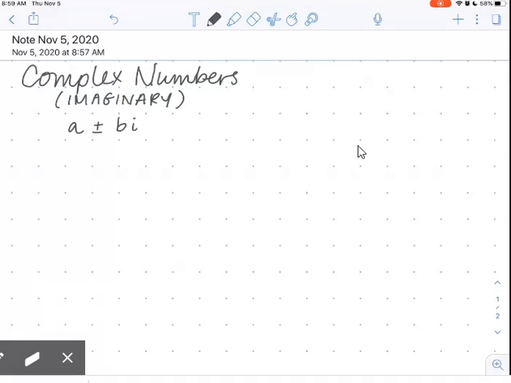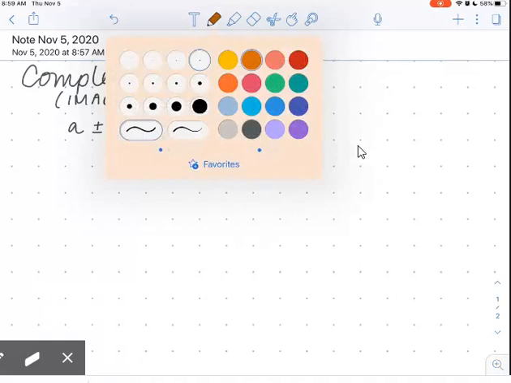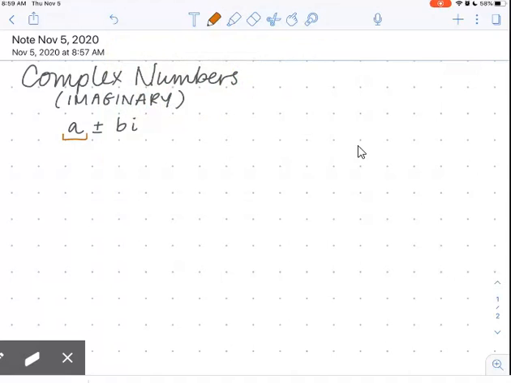You have your constant component or your real component first, followed by the imaginary component. So when you're typing your answers in, it is important that you have it in this order and you're not putting the imaginary component first.